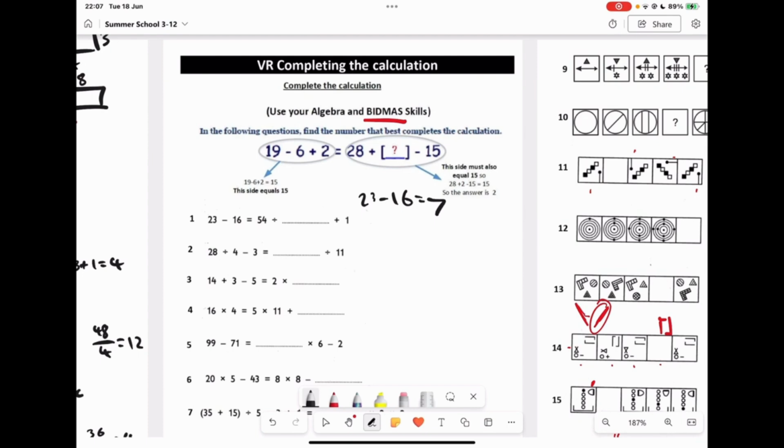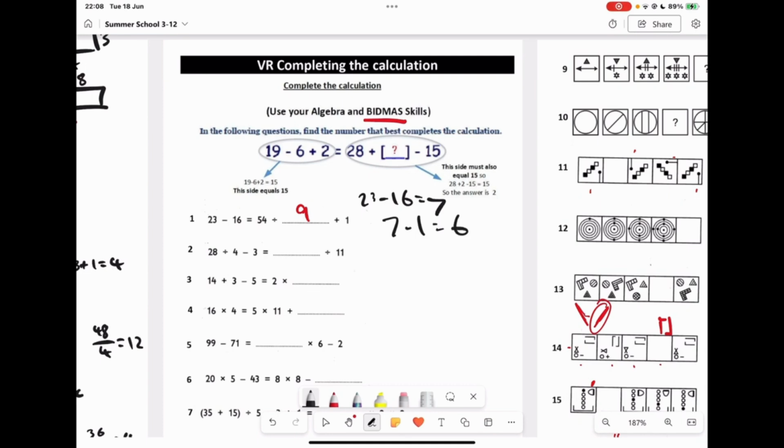We know that 54 divided by 9 is 6. So we can write 9 here, and then our answer is 54 divided by 9 plus 1, because 54 divided by 9 is 6, and then plus 1 is equal to 7. So this is just writing out our workings, and that's our answer.